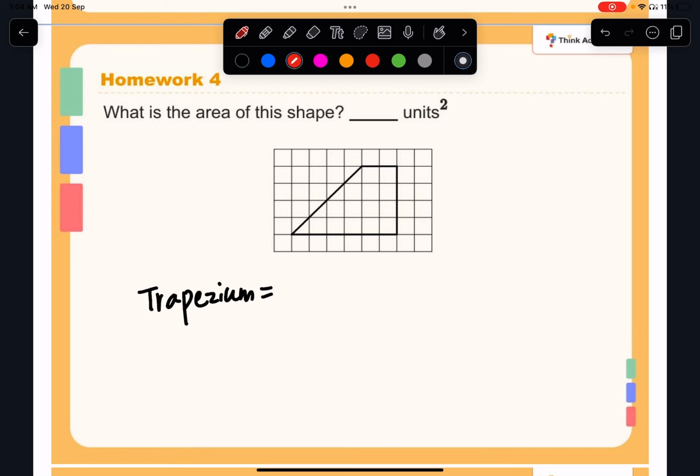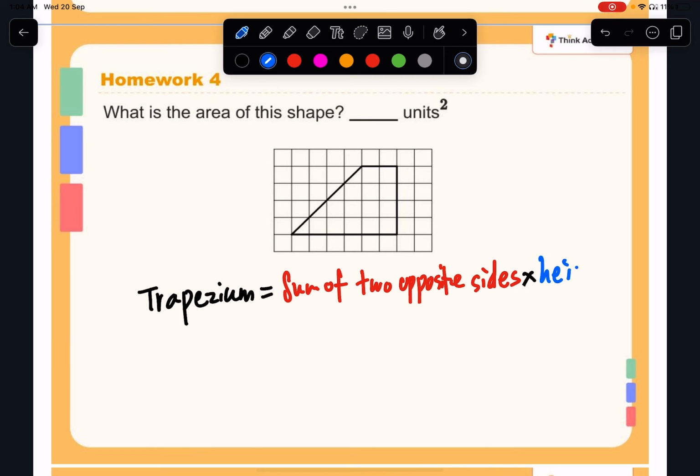It is the sum of two opposite sides, and they have to be parallel, and then you multiply it by the height, and finally you have to do one more thing, that is divide by 2, right?